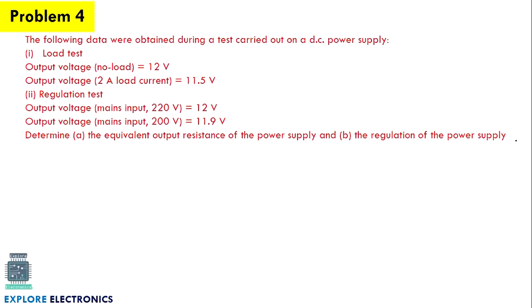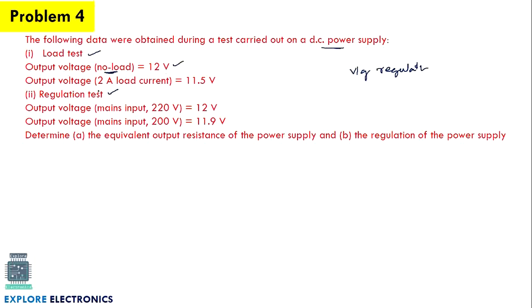Then the next problem. Here the following data were obtained during a test carried out on a DC power supply with a load test and regulation test. It means this problem is on voltage regulator, and related to DC power supply. Here the two tests they have given: output voltage when no load is connected is 12 volts.